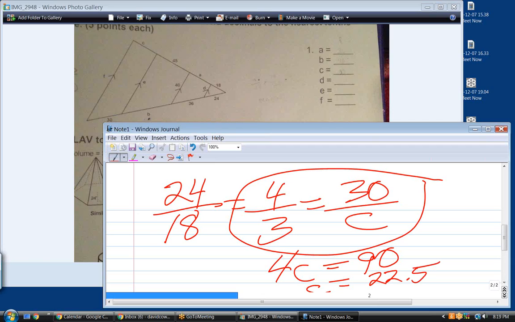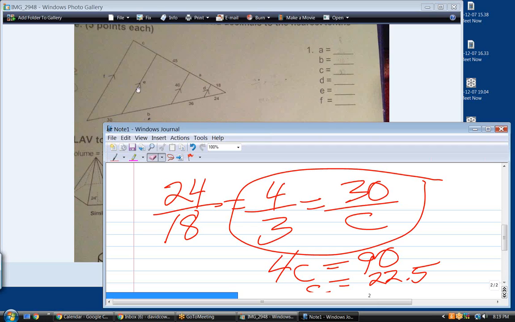So it's rounded already. In other words, it's 22.50000. So just 22.5. So that's C. So we've solved for A, B, C, and D.